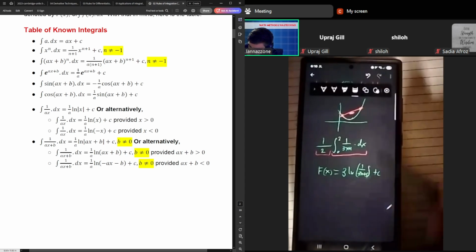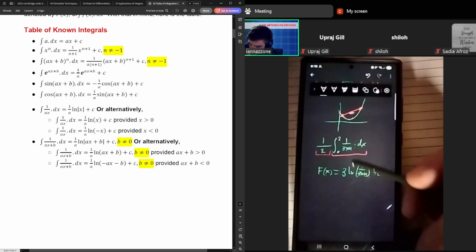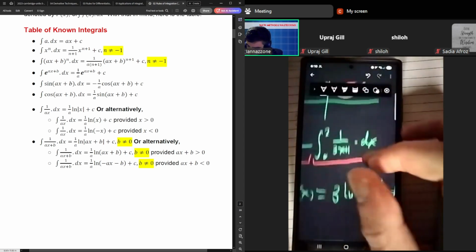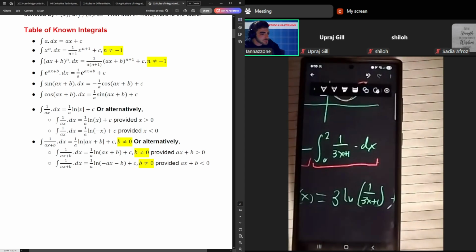I will say though, this is a little bit off as far as antiderivatives go. The rule for how you handle this one is where you have 1 over ax plus b, 1 over some linear. If we look at the screen share, 1 over ax plus b is this dot point here.